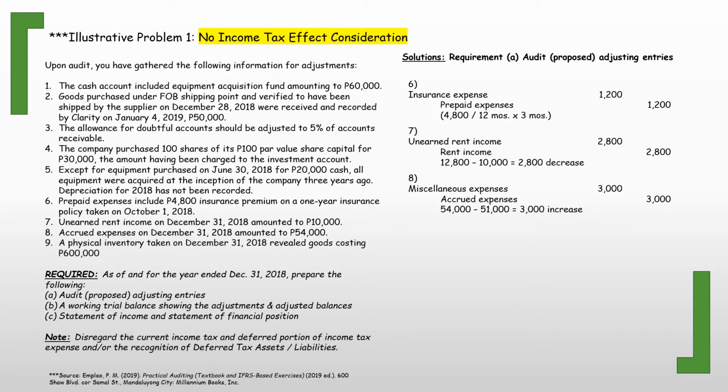Next is a physical inventory taken on December 31, 2018 revealed goods costing 650,000. Our adjusting entry is debit inventory 650,000 pesos, debit cost of goods sold 2,408,000, credit purchases 2,474,000, and credit inventory beginning 584,000.